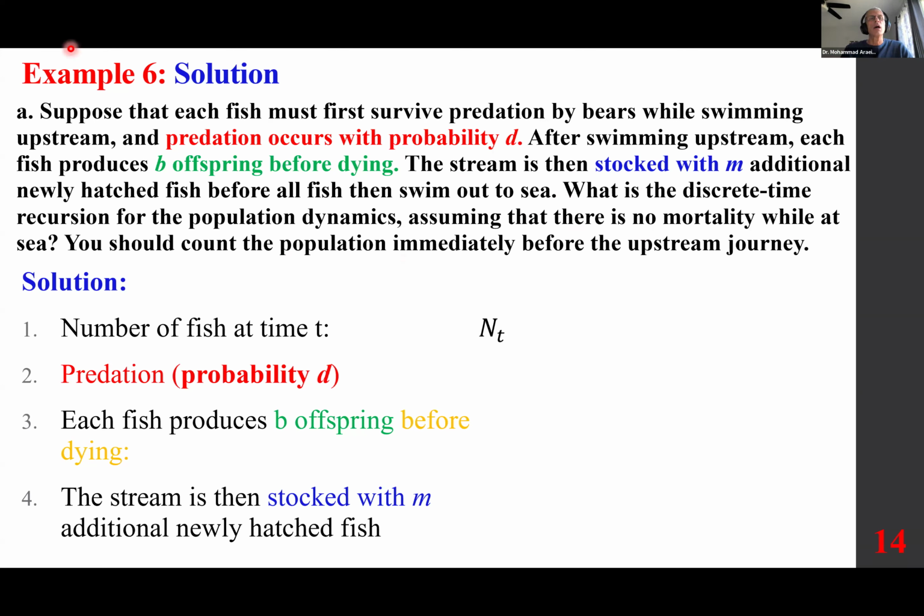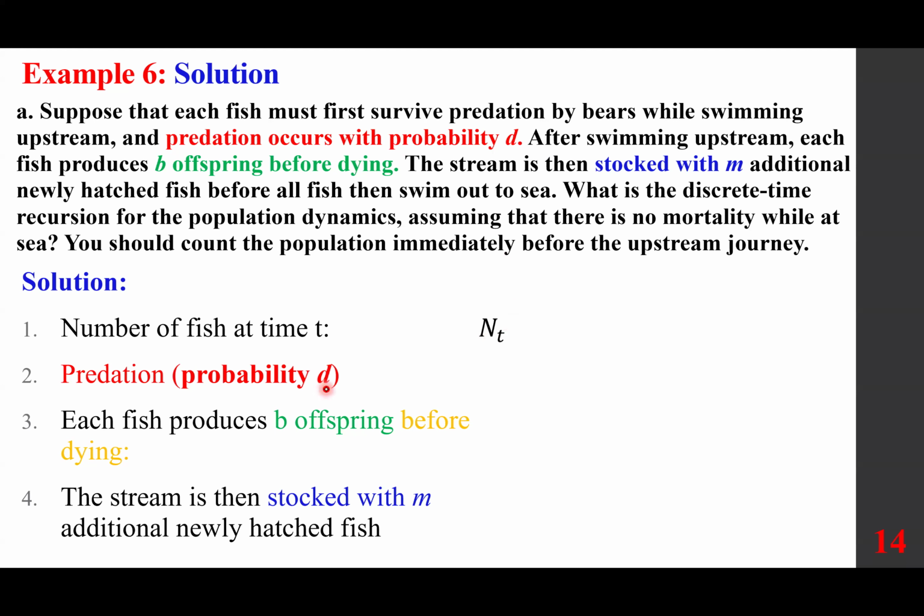So here's what happens. How many fish do we have? X, Y, Z, whatever the case might be. I'm going to go with N sub T, everybody. The time step. So this many fish start the journey. As they go upstream, the very first thing they come across is dealing with bears.